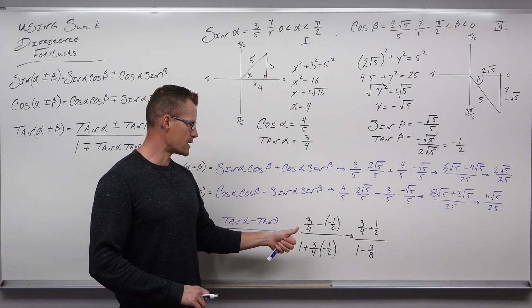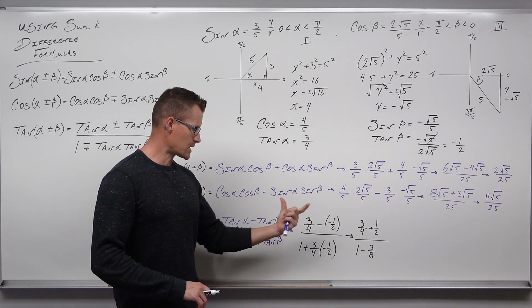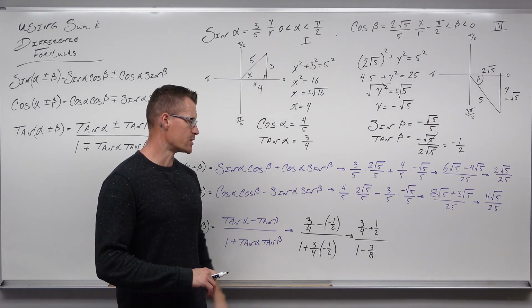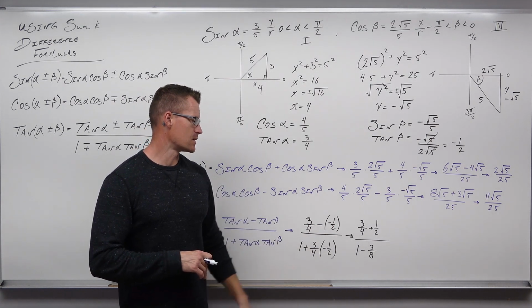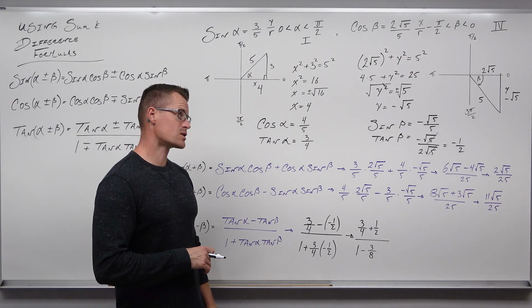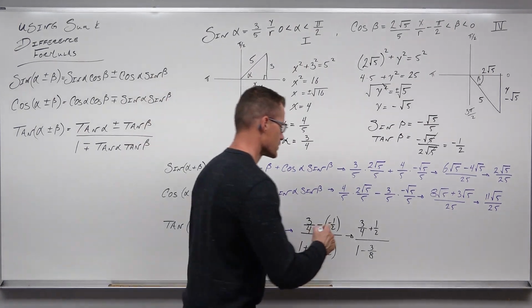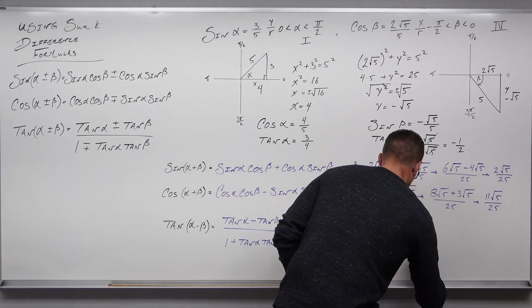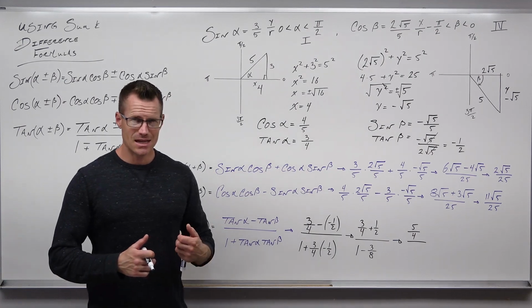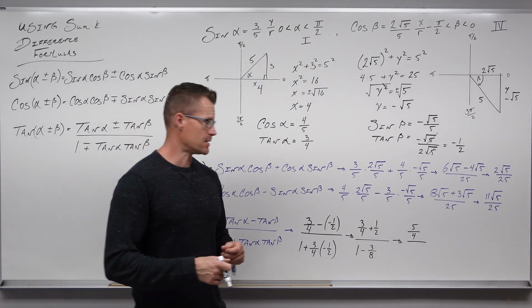And then 1 plus -3/8, because we multiply numerators and denominators, means 1 minus 3/8. So let's see. This is going to give us 3/4 plus 2/4 is 5/4. Eight eighths, or 1 minus 3/8, is 5/8.